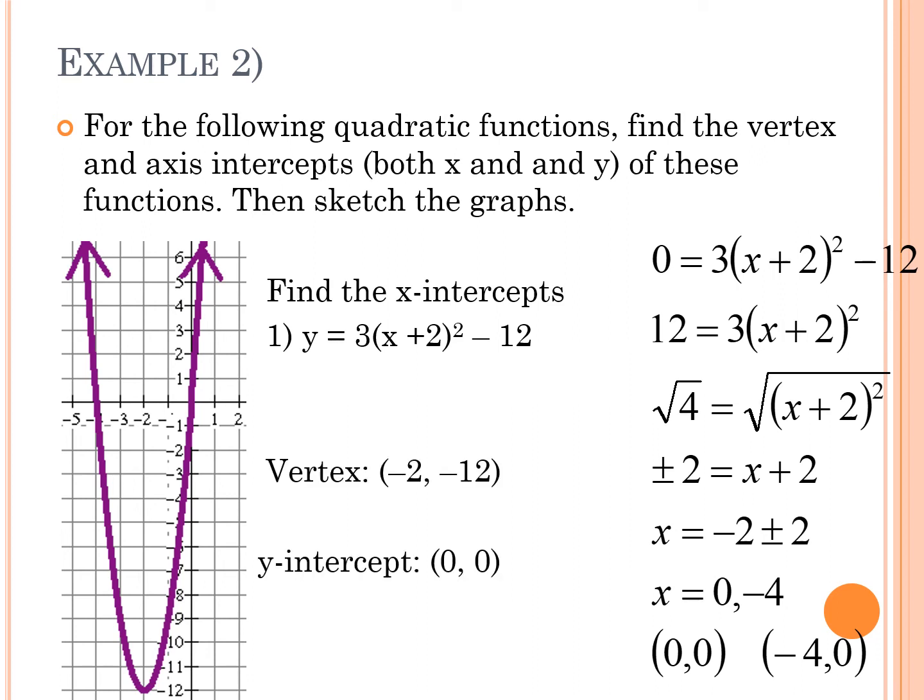And because this is in vertex form, we can pull out that the vertex is (-2, -12). Again, we take the opposite of that number that we see inside the parentheses as our x-coordinate. The y-coordinate there is -12.